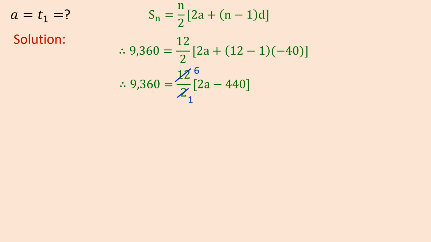I can move 6 from the right side to the left side, but you know that 6 is multiplied with 2a minus 440. So what is the opposite of multiplication? Division. So when the 6 moves from the right side to the left side, it will go there and divide. So 9,360 divided by 6 equals 2a minus 440.